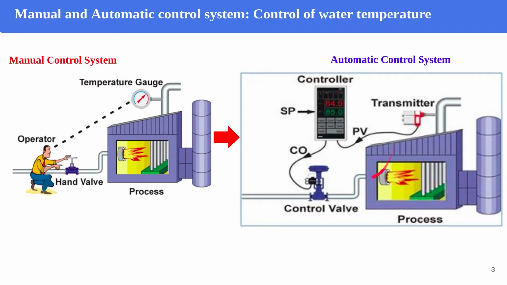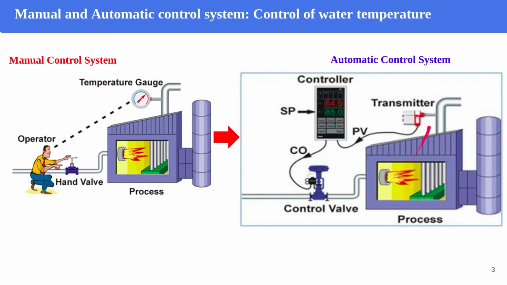Let's see how this control system works. The operator sets the controller's set point, or SP, to the desired temperature, and the controller's output, here CO, sets the position of the control valve.